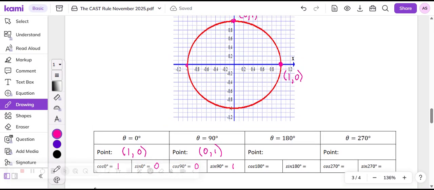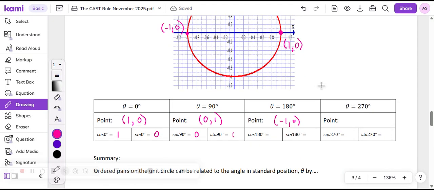180 is over here. 180 is the point (-1, 0). We're definitely into the overkill at this point. The cosine of 180 is -1. The sine of 180 is 0. And then finally, for 270 degrees, we're down here at (0, -1).